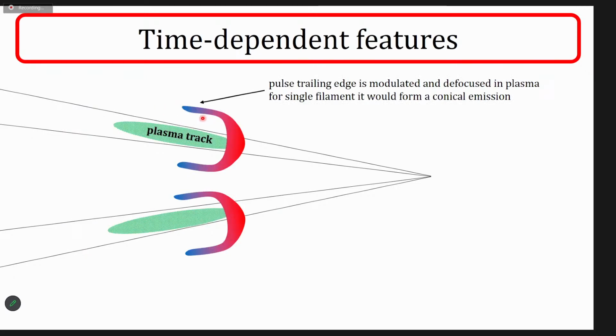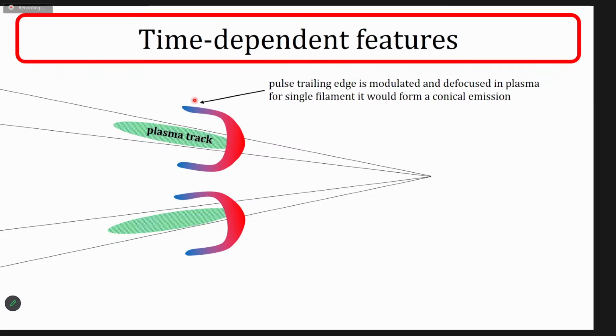So when the filaments start to be filaments, the trailing edge of the pulse is distracted by plasma. It's completely destroyed actually, and what goes in the center is a self-compressed, maybe down to 5 seconds, very short pulse, while the tail of the pulse goes off the plasma, goes off the track.